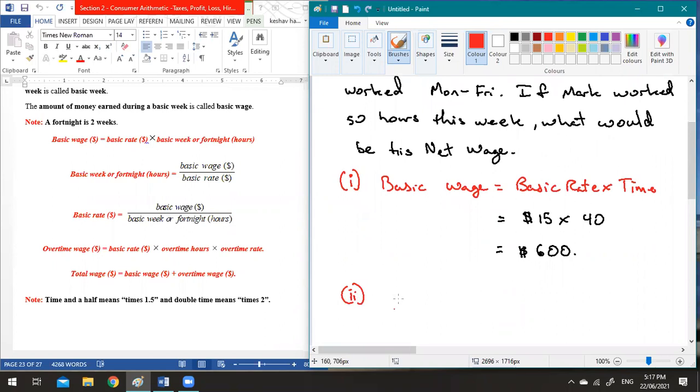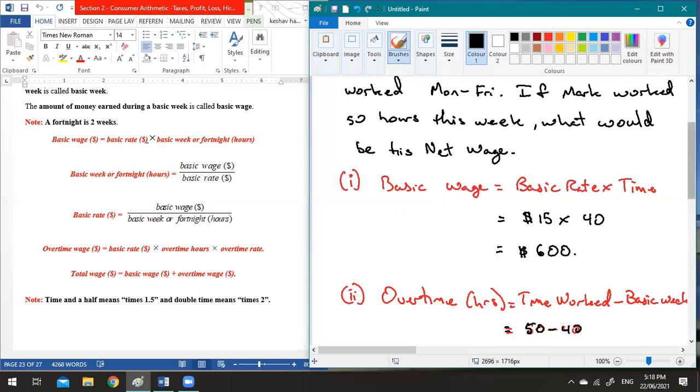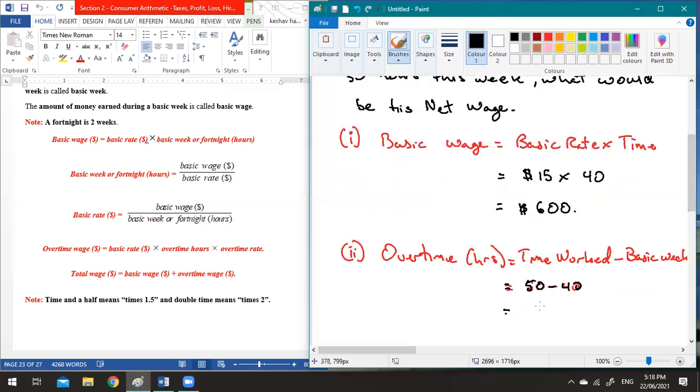Now his overtime. His overtime hours is the time worked minus the basic week, which is 50 minus 40. So 10 hours.